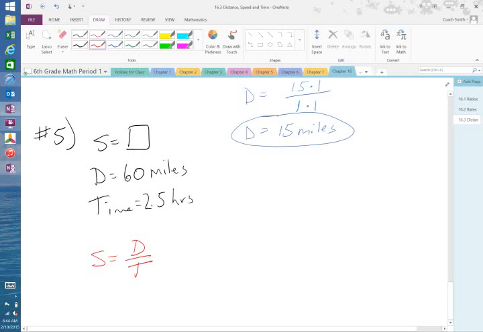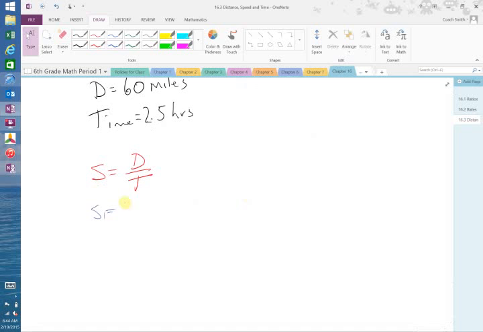And these formulas are in your book if you for some reason leave your notes or something else. All these formulas are there. Good morning, Miss Comfort. Okay, so we had distance over time. So that means we have speed is equal to 60 over 2.5.